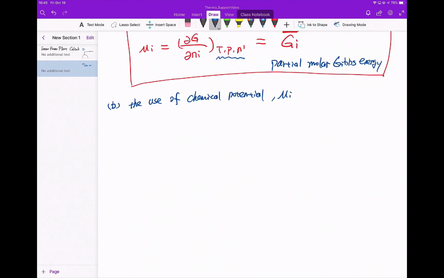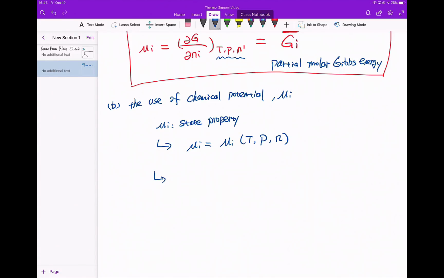So if you recall, we derived a quite useful equation, which is now this mu I is partial molar Gibbs energy, which is also a state function. Mu I is a state property. By state property, we have this mu I is a function of T, P, and N composition.